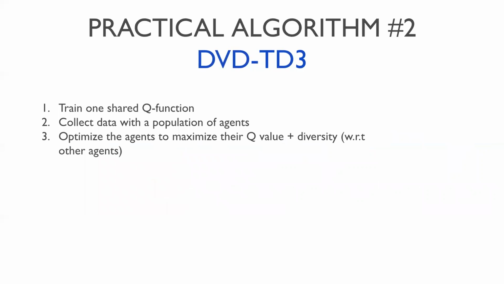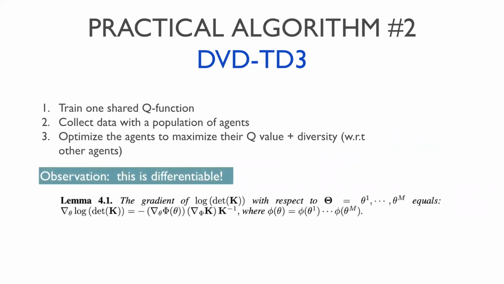And then the last algorithm is DVD. We call this DVD because it's diversity via determinants. We also notice that you can take gradients with respect to the log determinant of a kernel matrix, and the kernel matrix that we are using. So we can use that also to take gradients coupled with policy gradients.